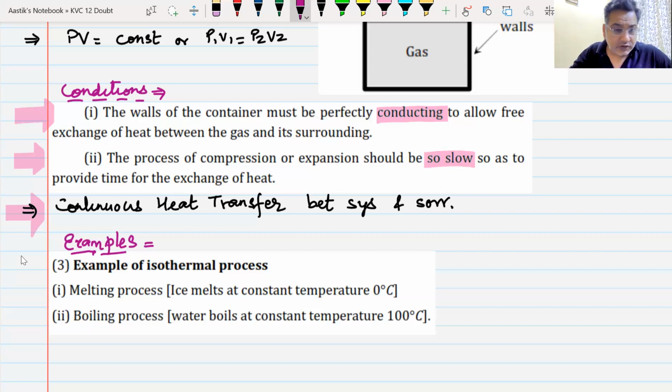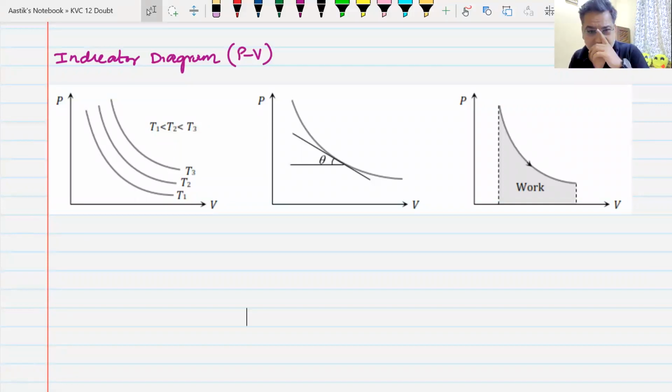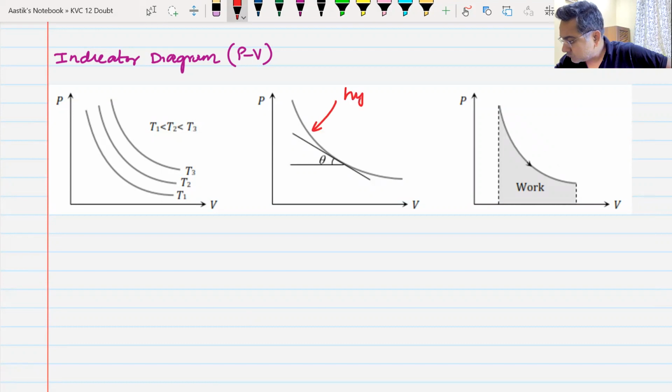Now, if you draw this process on a graph between P and V, P into V is a constant, so the graph is hyperbolic in nature. The shape of this curve, remember, is hyperbolic. Now, there are 3 graphs drawn at 3 different temperatures, and they can ask you which is the higher temperature.